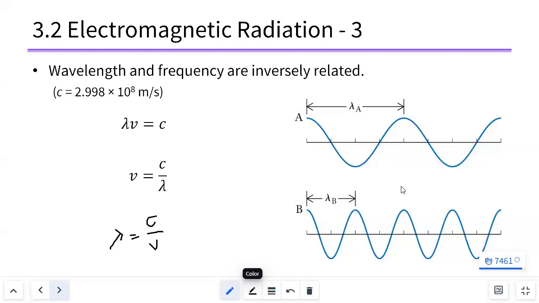So the frequency of B is literally double that of A, because its wavelength is half. So there's a nice definitive linear relationship between the two, but they are inversely related. One goes up, the other one goes down.